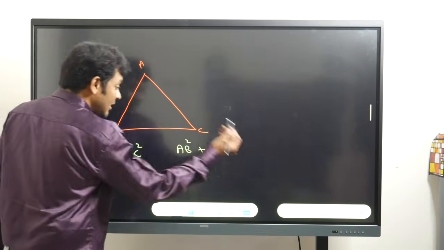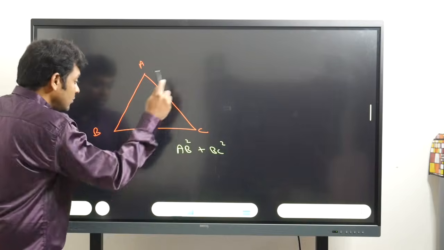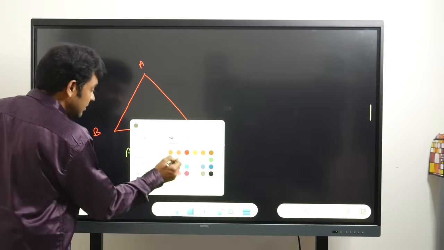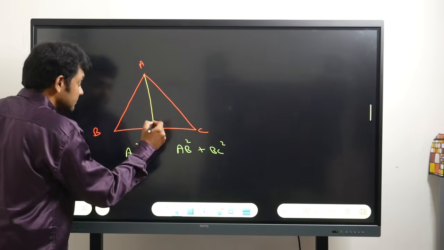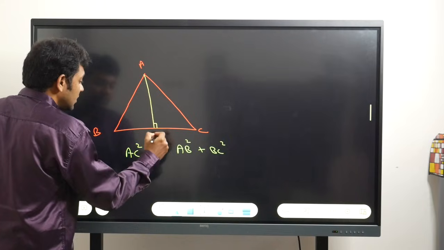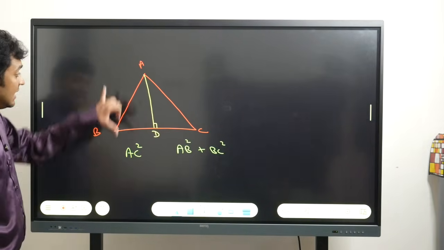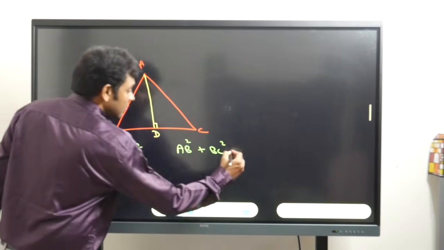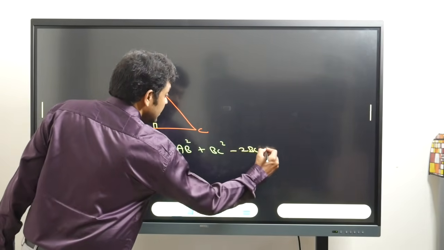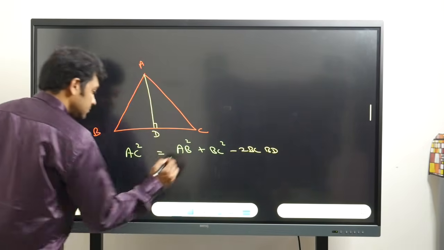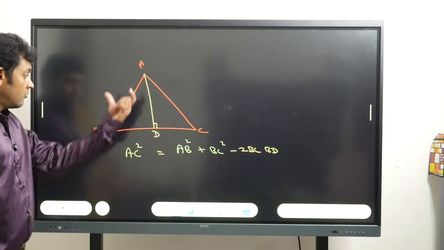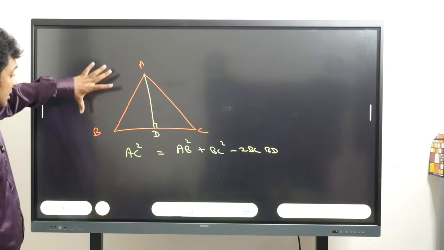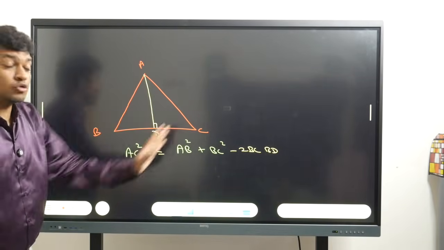So how much less? It will be less by 2 BC times BD. What is BD? You drop a perpendicular AD from A to D. Now AC square is nothing but AB square plus BC square minus 2 BC times BD. For an acute angle triangle, AC square is AB square plus BC square minus 2 BC times BD, where D is the foot of the perpendicular dropped.